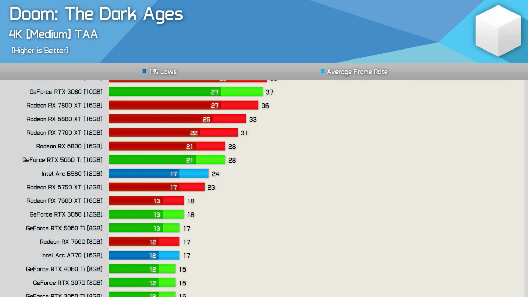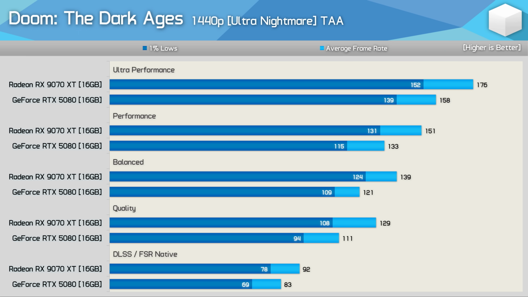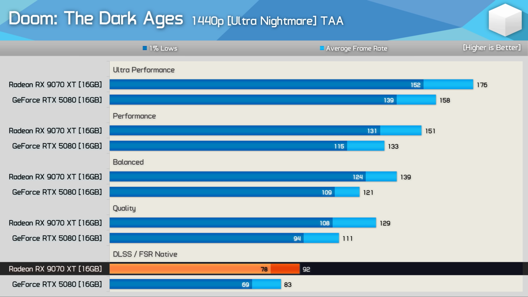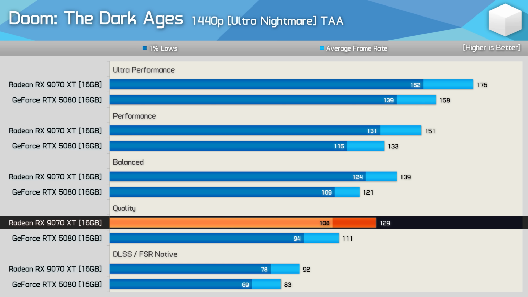Here's a quick look at how FSR and DLSS upscaling compares using the 9070 XT and RTX 5080. Again, the Radeon GPU is faster, delivering 11% more performance when rendering at the native resolution, and then with quality upscaling, that margin extends to 16% as the Radeon GPU becomes 40% faster and the GeForce GPU 34% faster.